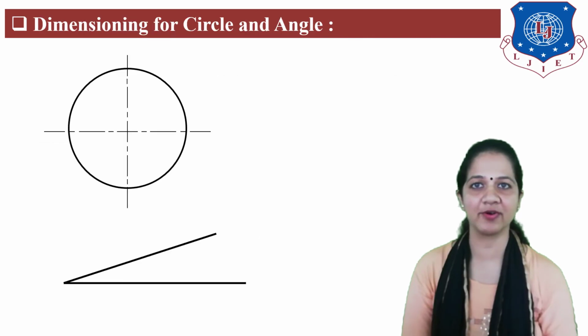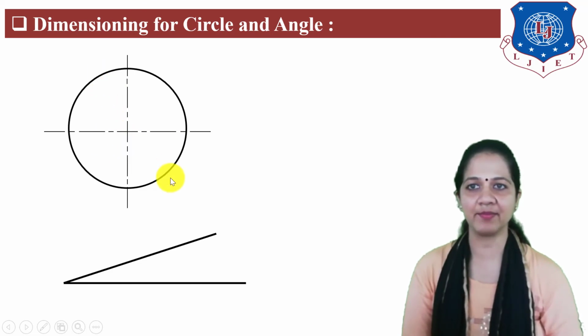Next, dimensioning for circle and angle. If you want to show the diameter of this circle, then first you need to draw a diagonal line with a pointed arrow at both ends, then draw a leader line, then write the dimension.